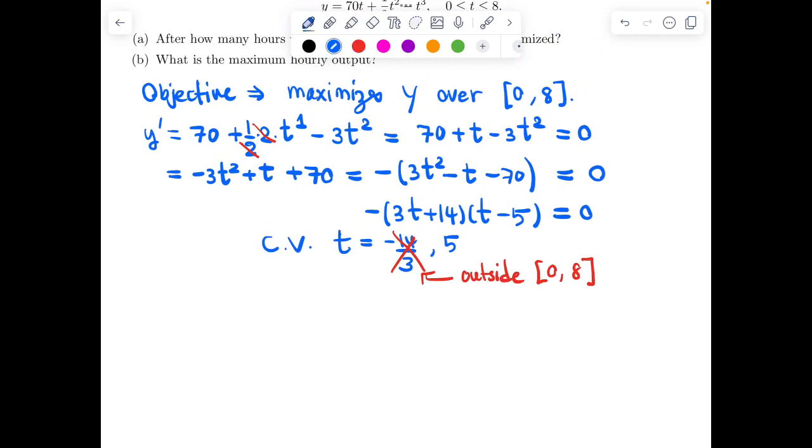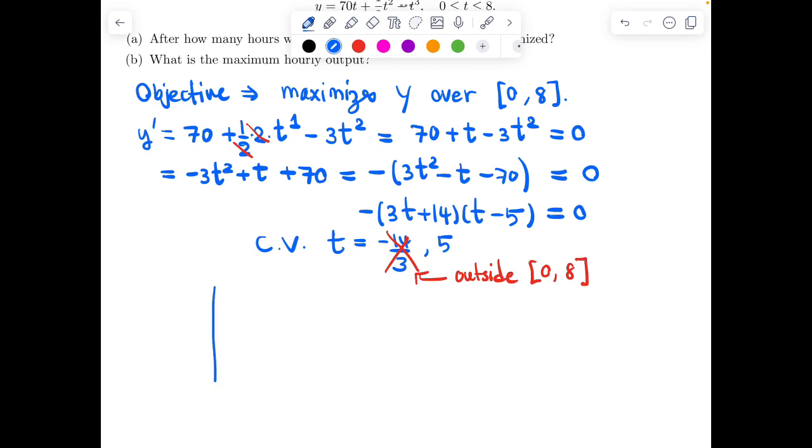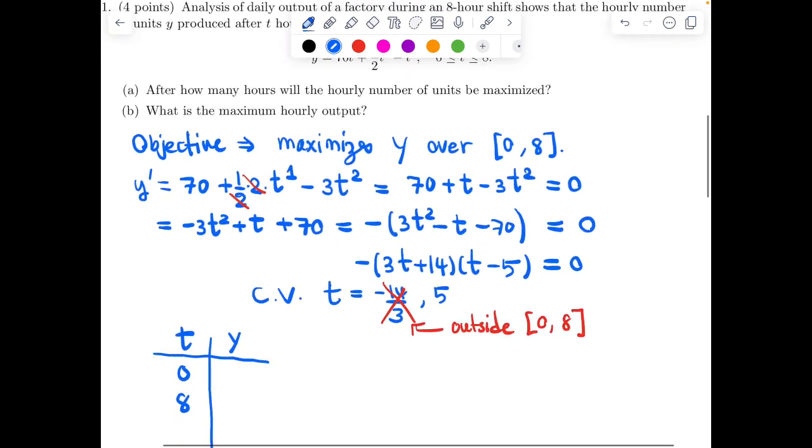So to find the absolute maximum, we come up with this table. There's no need to do a sign chart, right? Because we only concentrate on a certain interval. The first column is the t value, the second column is the y value. First, we have to include the endpoints. So the endpoints are t equals 0 and t equals 8.